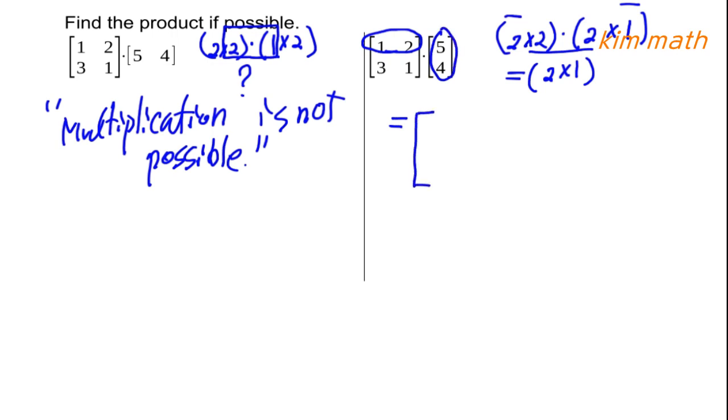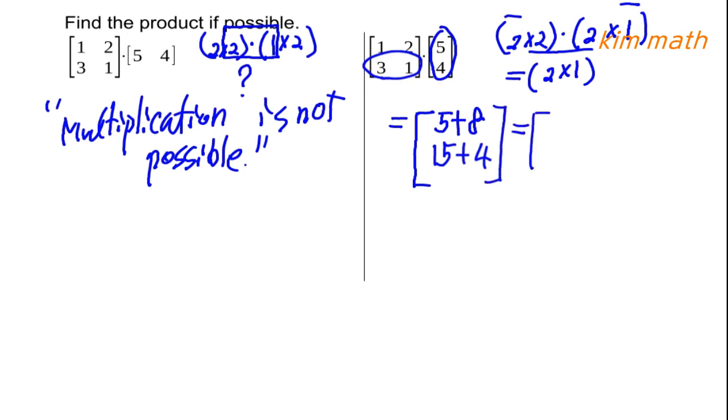So 1 times 5 plus 2 times 4. Now for the second row, excuse me, choose this one and this one. So 3 times 5 is 15 plus 1 times 4 is 4. Good. So it's 13, 19. This is the result.